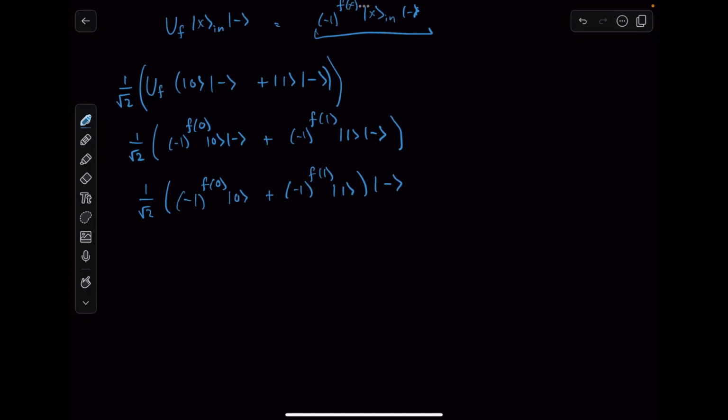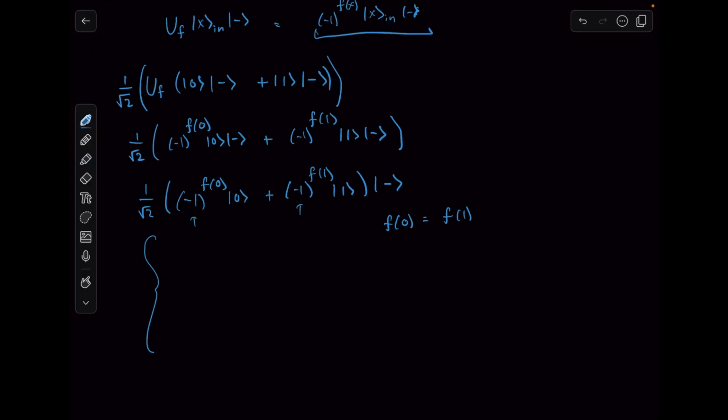So now we can just think about what are the different possible states here. Well, let's say f of 0 is equal to f of 1. So they could either both be 1 or they could both be 0, right? So if they're both 1, then this is just going to be a minus sign, but this is also going to be a minus sign.